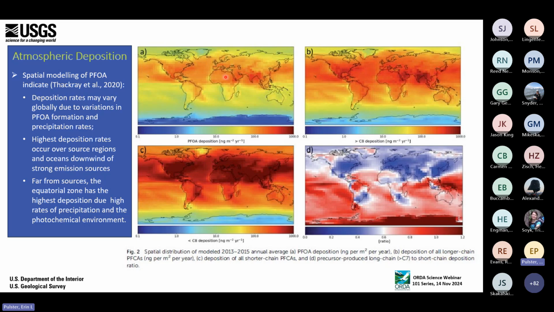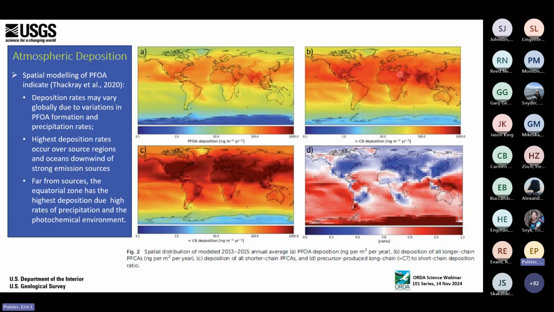Basically, the deposition rates of PFOA and any PFAS that is being transported are going to vary depending on the precursor terminal end product formation rates and the precipitation rates throughout the globe.